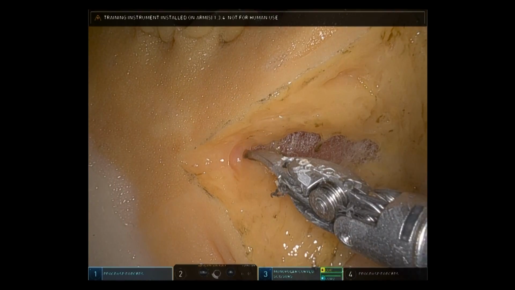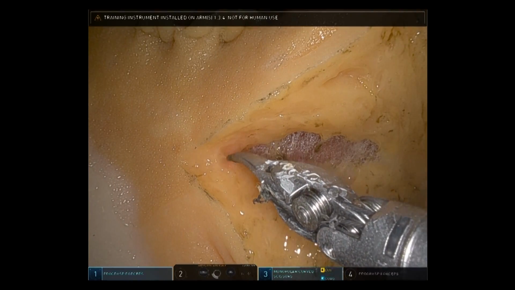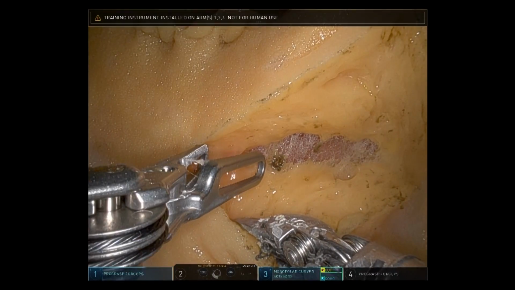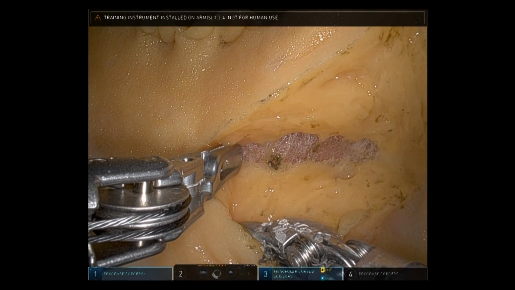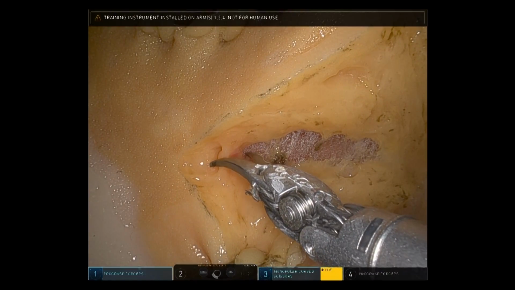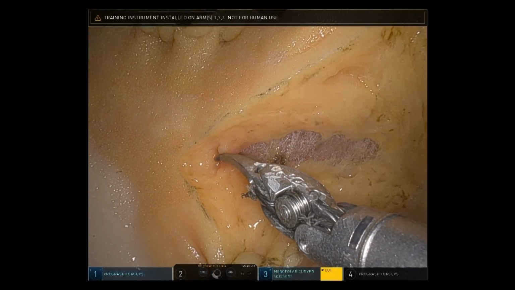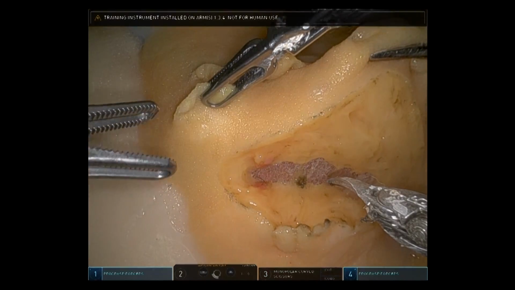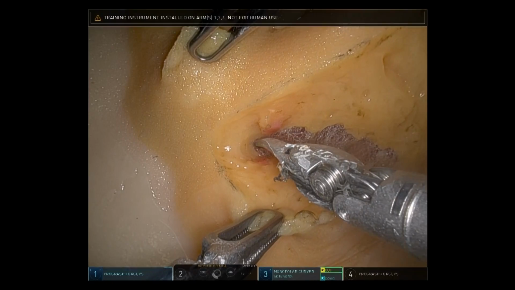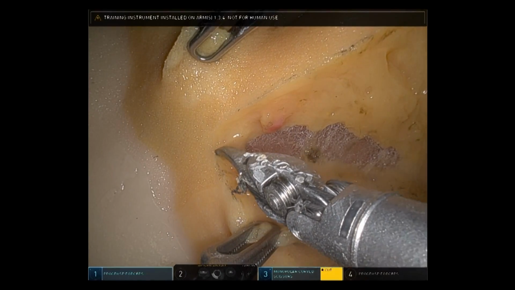The incision is extended toward the small intestine, and jejunal branches encountered are divided. Dissection and mobilization of the mesentery are carried out while making full use of the assistance instruments.